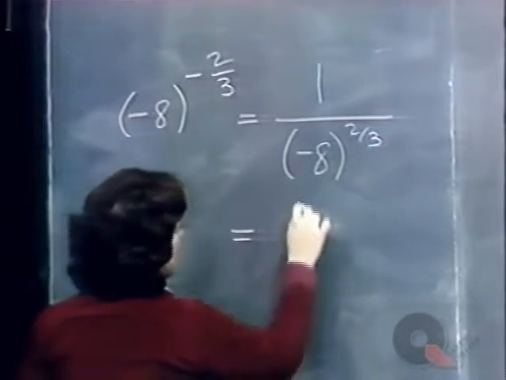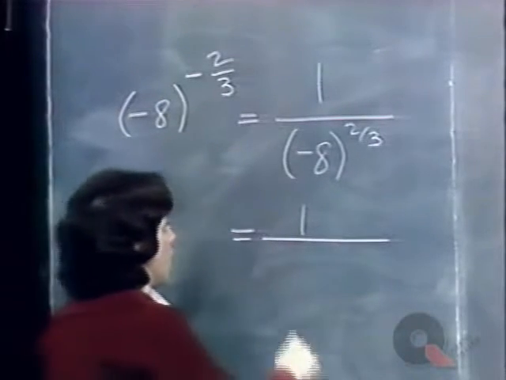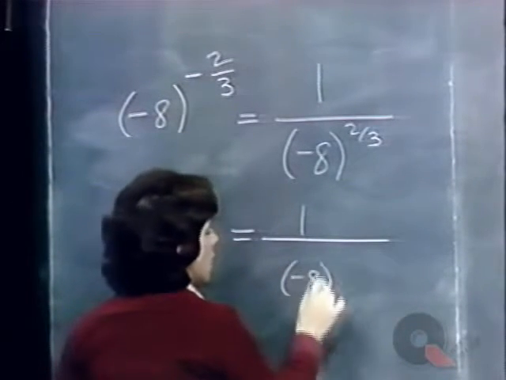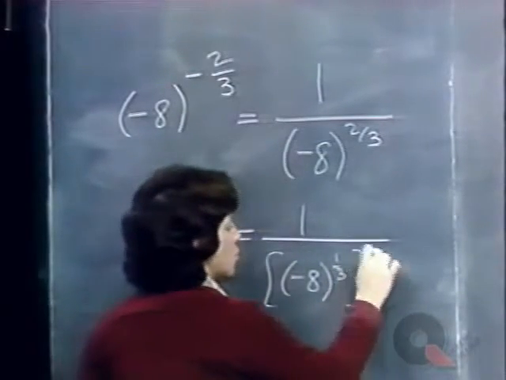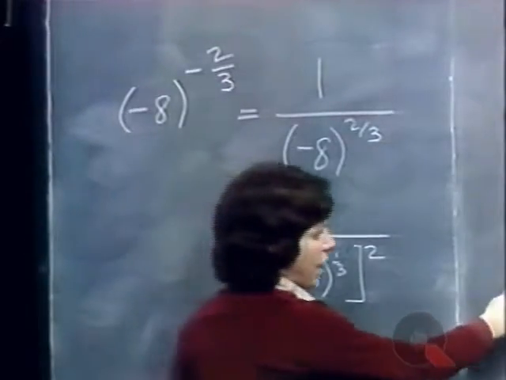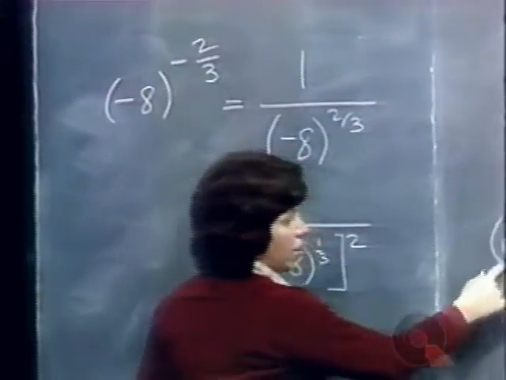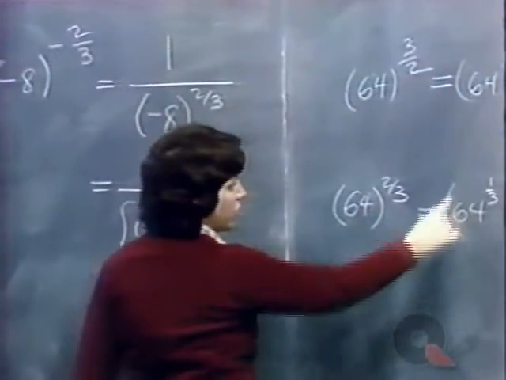Now, minus 8 to the 2/3 power I can think of as minus 8 to the 1/3 power squared, the same way I did it over here. The 2/3 power of 64 means the cube root of 64 squared, or 64 to the 1/3 squared.